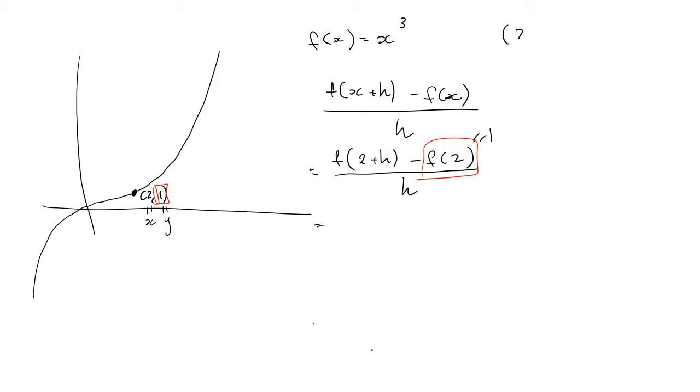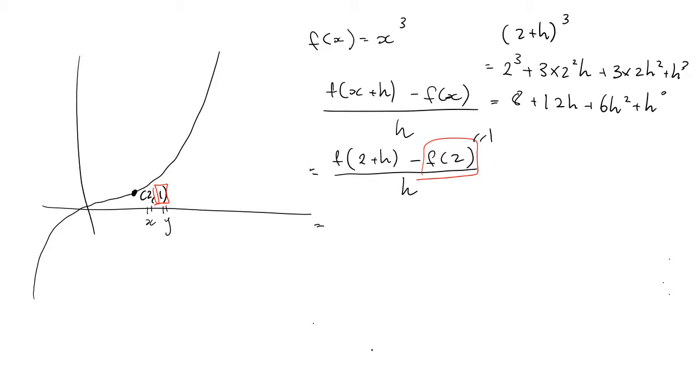Now 2 plus h cubed, use your Pascal's triangle. It should be 2 cubed plus 3 times 2 squared h plus 3 times 2h squared plus h cubed. So that will be 8 plus 12h plus 6h squared plus h cubed.